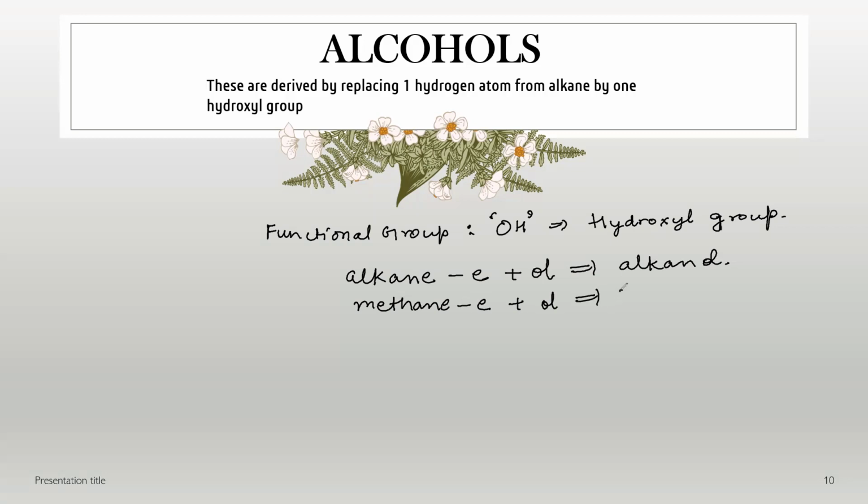So the name would be methanol, correct? Methanol. Now what is the structure? I have to take one carbon and join an OH group to it. Next, I will give the necessary hydrogens, which are 3. So the formula is CH3OH, methanol.